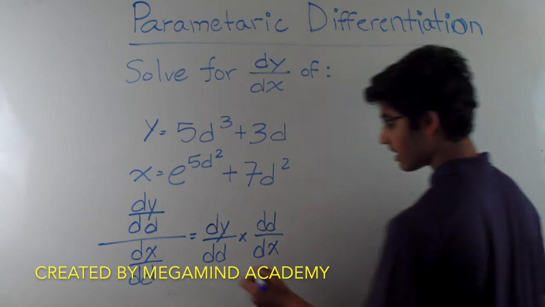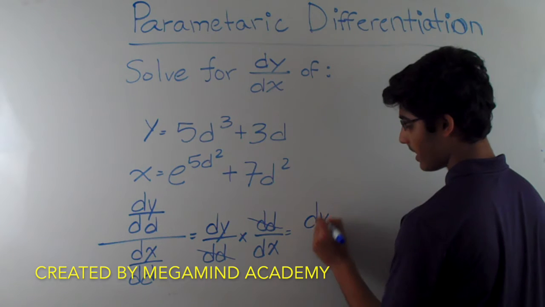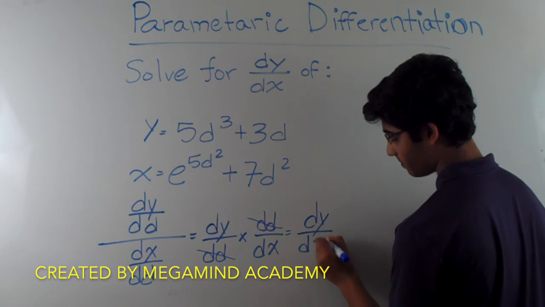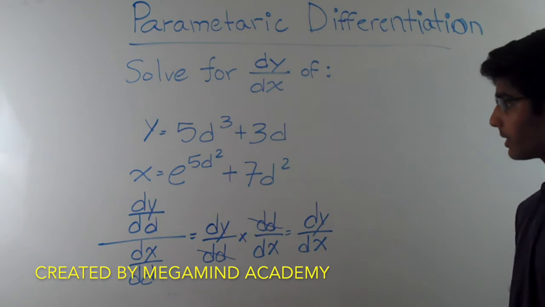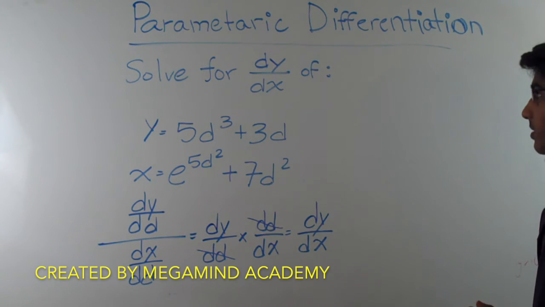So when we do this, the two dt's cancel out, and you're left with dy/dx. So that's how we would solve for the derivative of parametric functions.